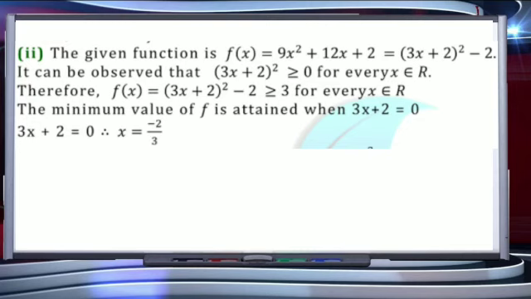Now we know that (3x plus 2) whole square will always be greater than or equal to 0. Its minimum value could be 0 only. So my function will attain its minimum value when 3x plus 2 is equal to 0, so x comes out to be minus 2 by 3.